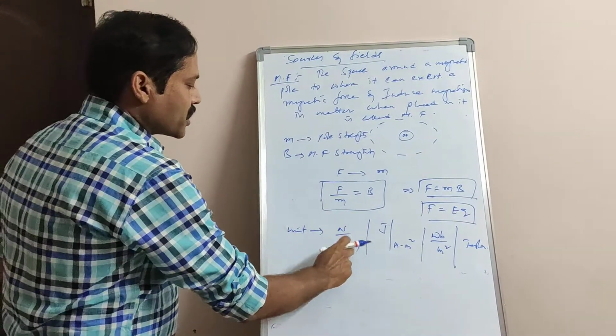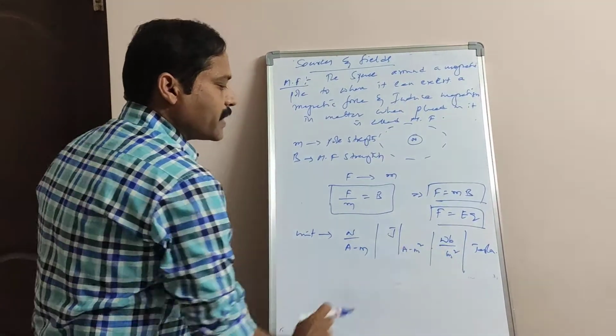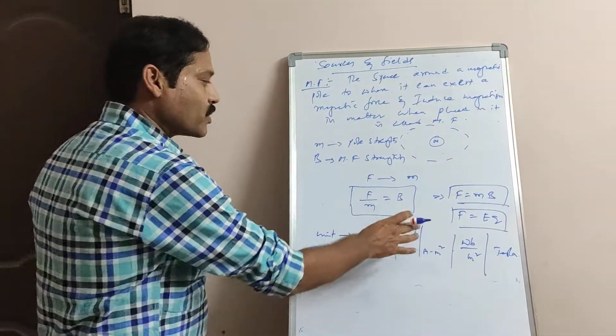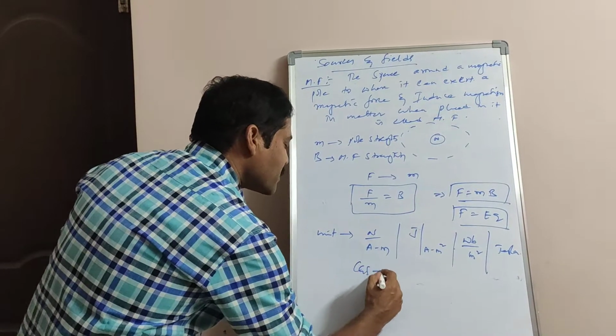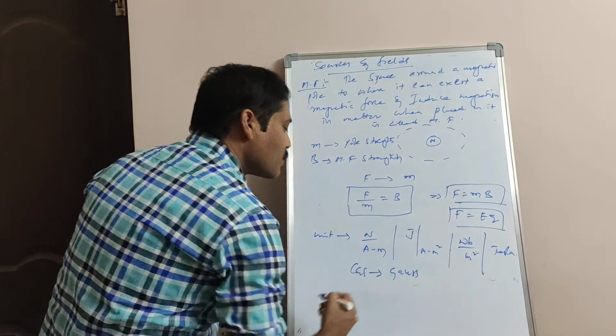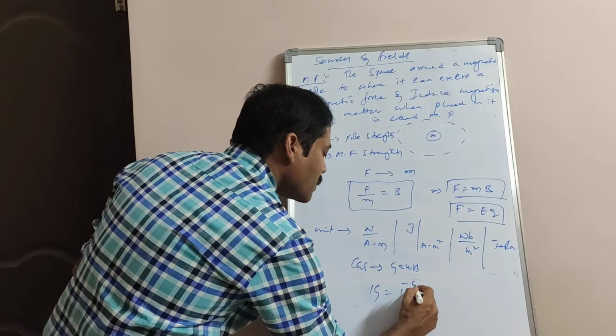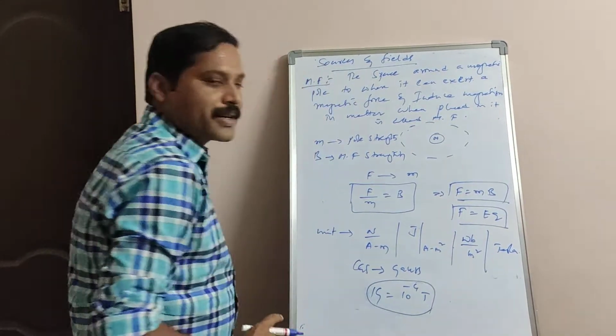Okay. So Newton per ampere meter, joule per ampere meter square, Weber per meter square, Tesla. These are the SI units of magnetic field strength, and the CGS unit is Gauss, named after the scientist Gauss. Okay. So here 1 Gauss is equal to 10 power minus 4 Tesla.